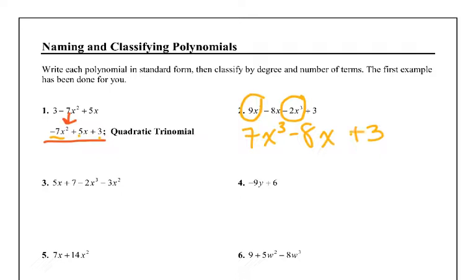So first thing to do is to name it based on the degree. So I'm raised to the third degree, which tells me it's cubic. And then I have 1, 2, 3 terms, so I have 3 terms, which tells me it's a trinomial.